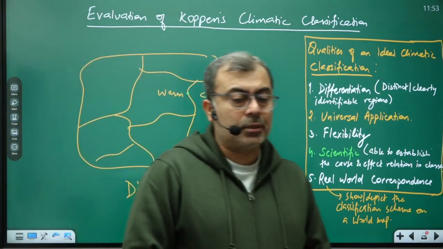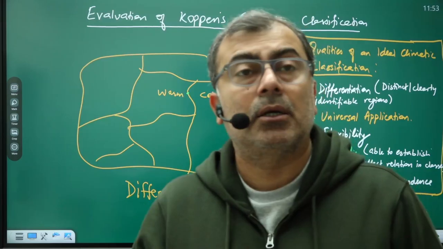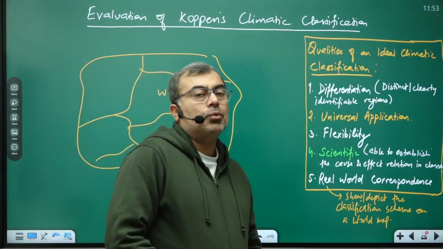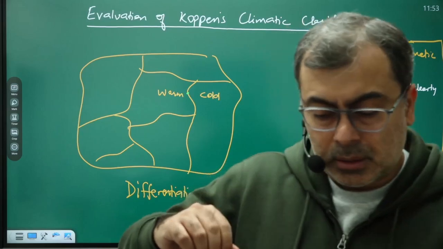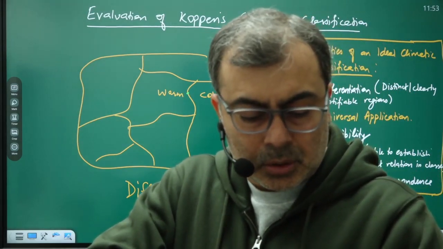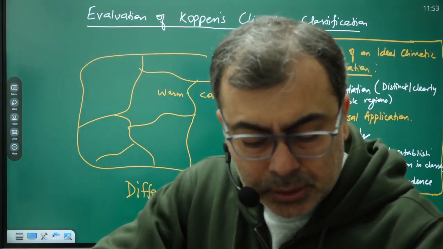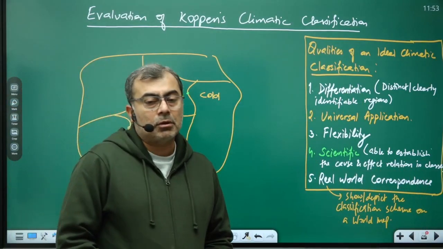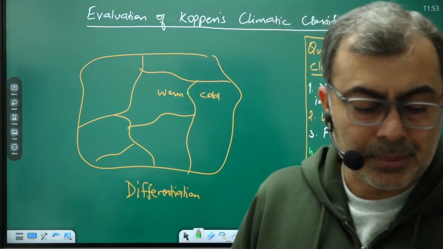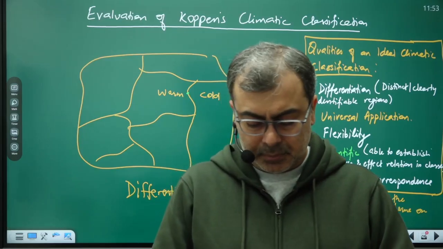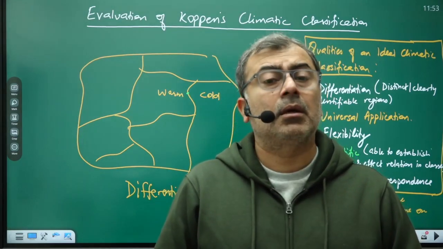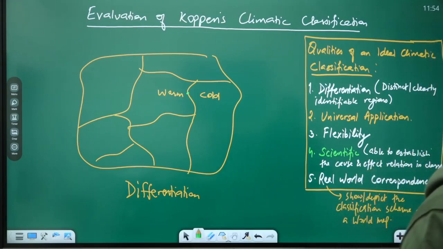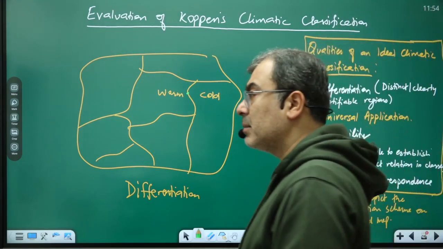Koppen is also credited with, same paragraph we are talking about, the innovative use of alphabetic codes as symbols of climatic categories, making the classification simple and manageable.